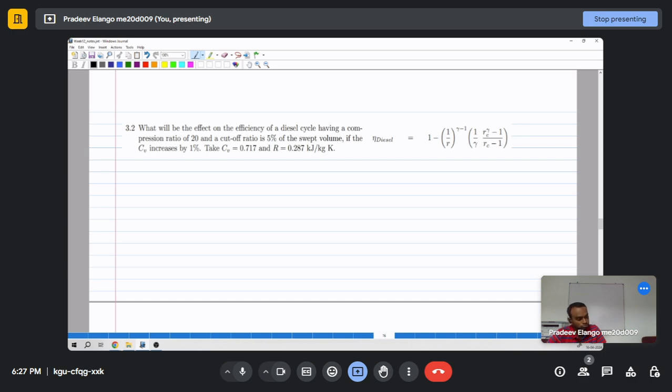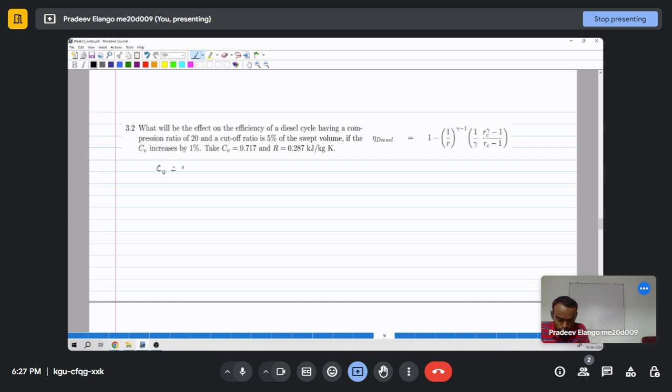So here, what will be the effect on the efficiency of a diesel cycle having a compression ratio of 20 and the cutoff ratio of 5% of the swept volume if the CV increases by 1%? So we can calculate the CV dash.